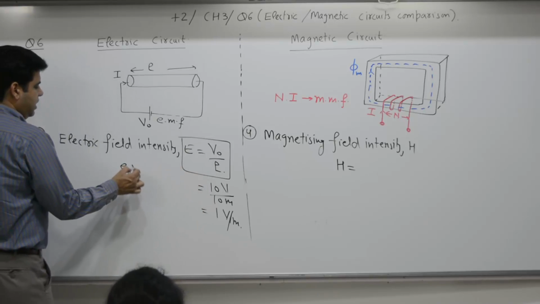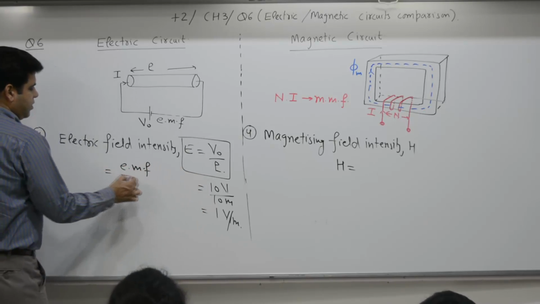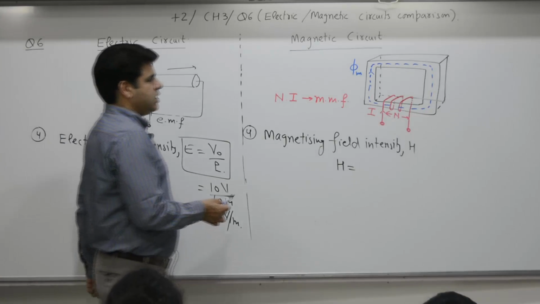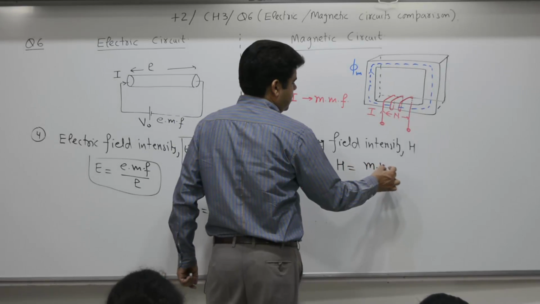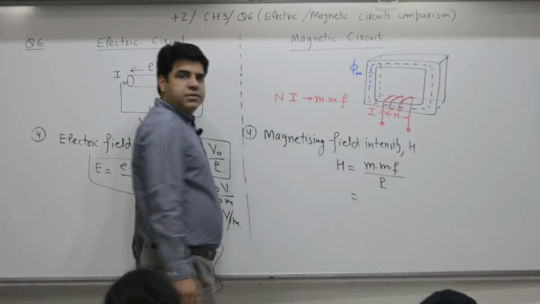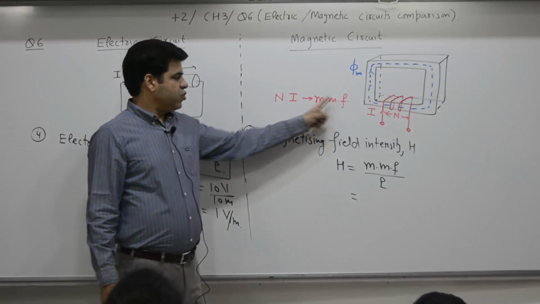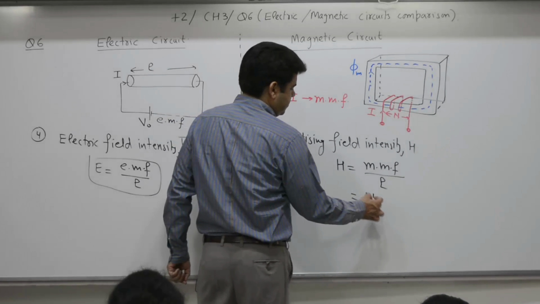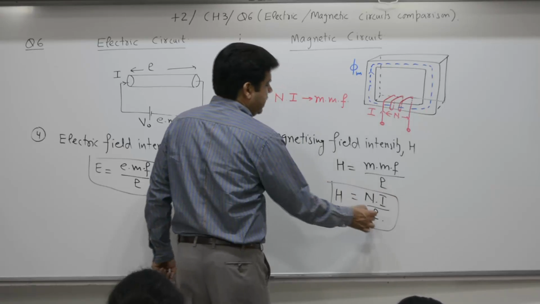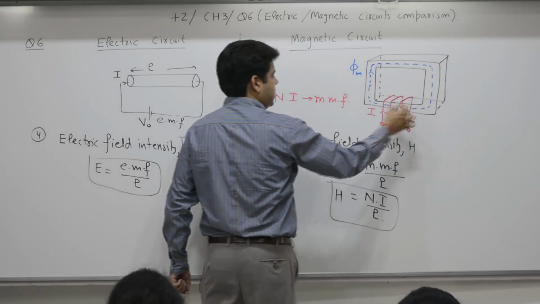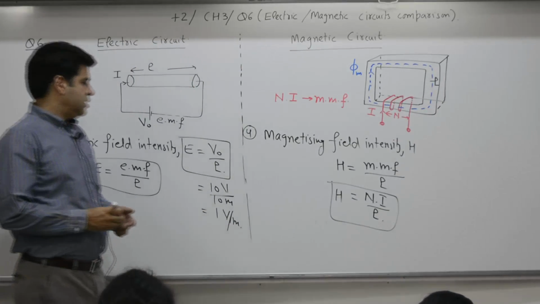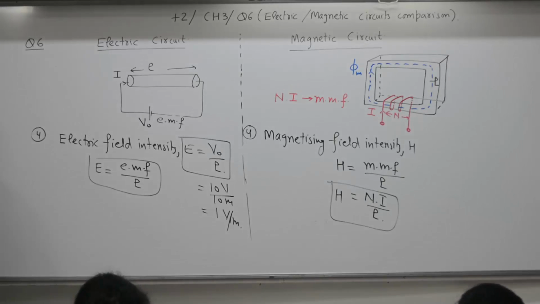E was EMF per unit length. This is how E was defined. H is what? MMF per unit length. MMF is magnetomotive force, Ni, by L. What is L here? L is this length. This total blue color path length is L. Time with you is 1 minute. Point number 4.